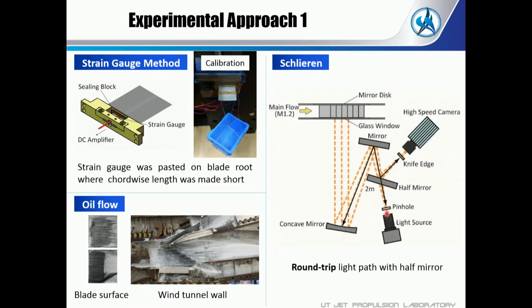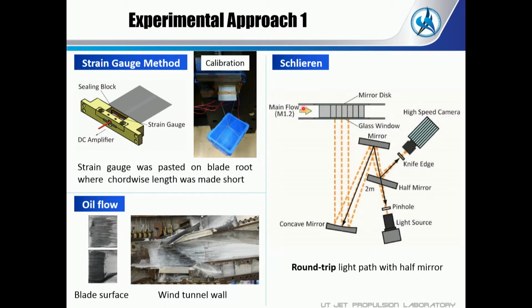From the light source, the light goes through a half mirror and a concave mirror, so we can get parallel light here, and it enters the flow path. This is a wind tunnel wall, and this wall is a glass window, so it's transparent.